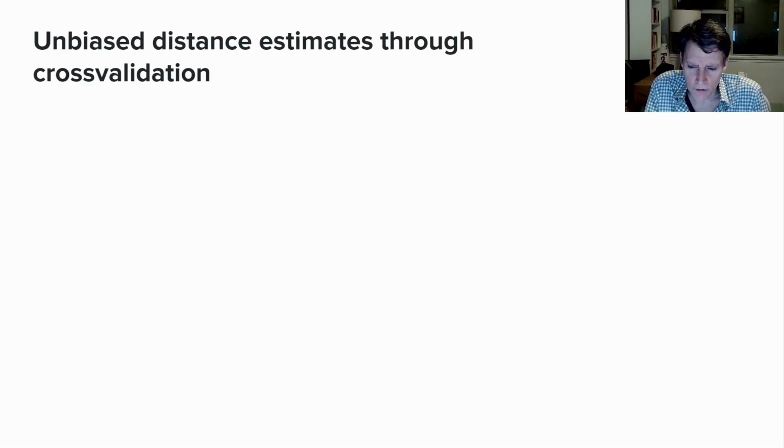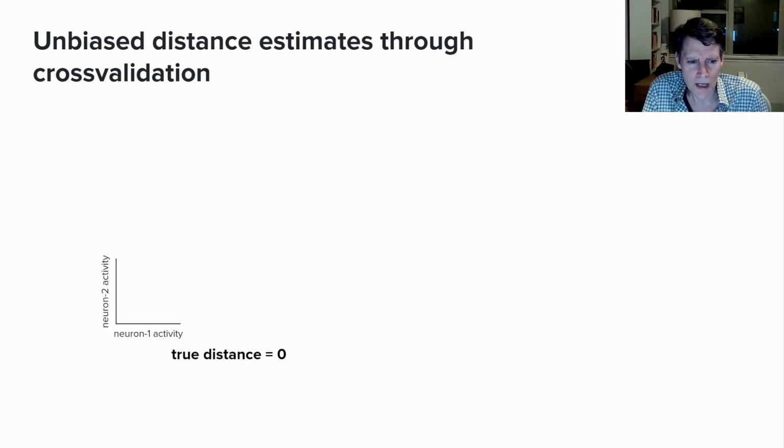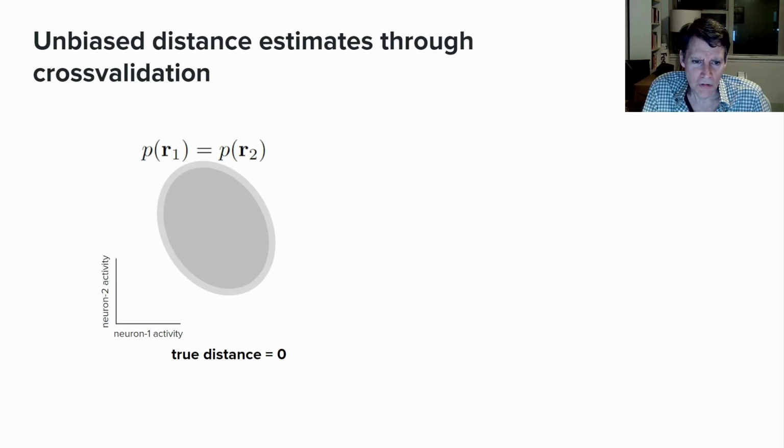So I want to give a little more intuition from a slightly different perspective on why we get unbiased distance estimates through cross-validation. So let's assume for the moment that the true distance is 0, and we have a multivariate neural response space here. If the true distance is 0, then patterns R1 and patterns R2 are drawn from the same distribution.